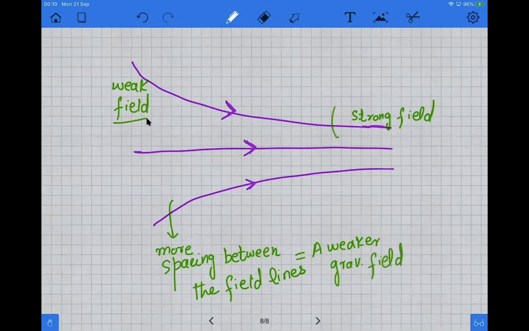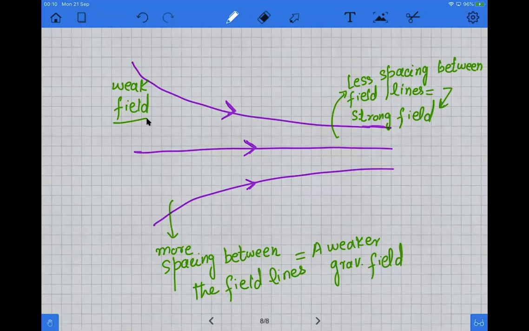And here you see it's less spacing between field lines. It shows a stronger gravitational field. Less spacing between field lines shows a stronger field. So the field strength is basically about the density of the field lines or population of the field lines. If the field lines are more populated or more dense, it represents a stronger field and hence more force.